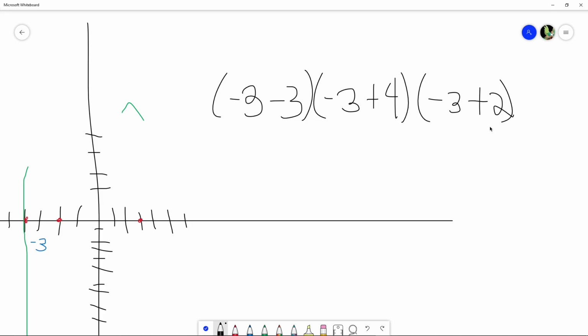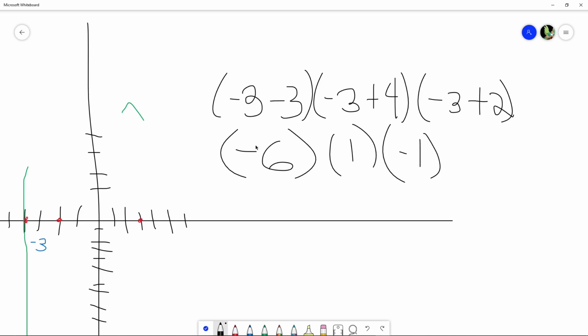Negative 3 minus 3 becomes negative 6. Negative 3 plus 4 is 1, and then negative 3 plus 2 is negative 1. Negative 6 times 1 equals negative 6. Negative 6 times negative 1 is simply positive 6.